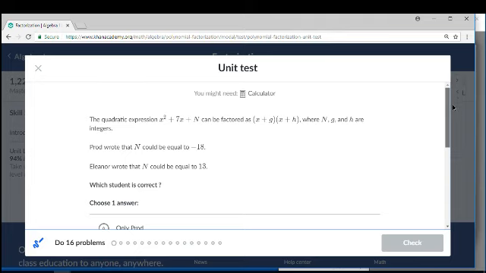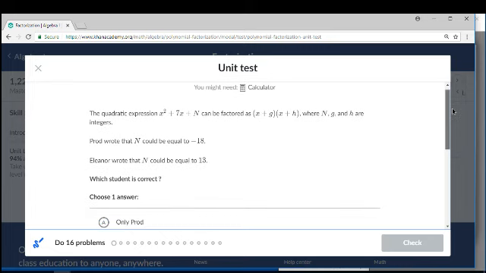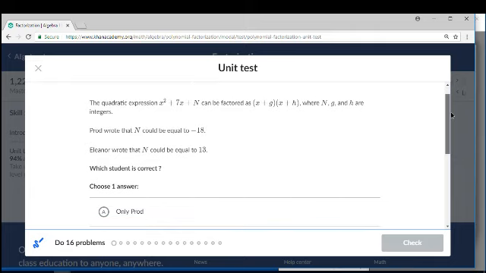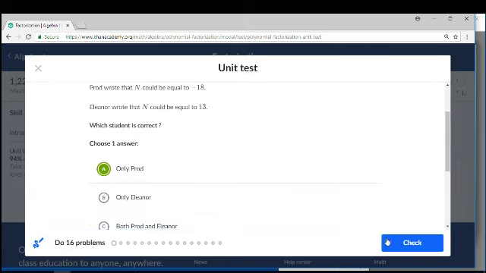It's asking if G and H multiply to n, but they also have to add to 7. The question is, are there factors of 13 that can add to 7? No, there's not. Are there factors of negative 18 that can add to 7? Well, there's positive 9 and negative 2. So prod is the right one.